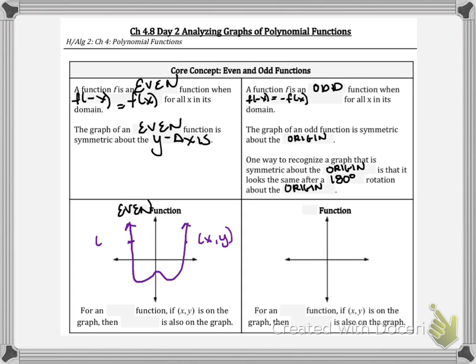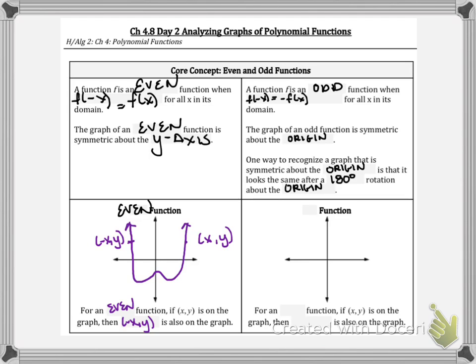If we plugged in a negative x, we would still have a positive y. So for an even function, if (x, y) is on the graph, then (negative x, y) is also on the graph. Okay, and notice that it's symmetric about the y-axis. If I put a mirror on that y-axis, it would be the exact same on the other side.